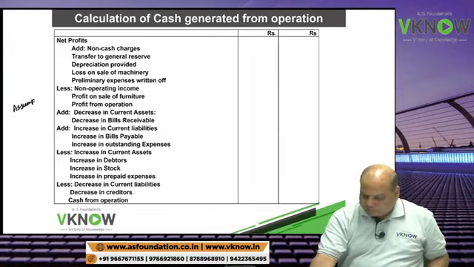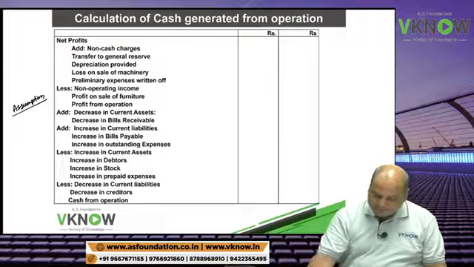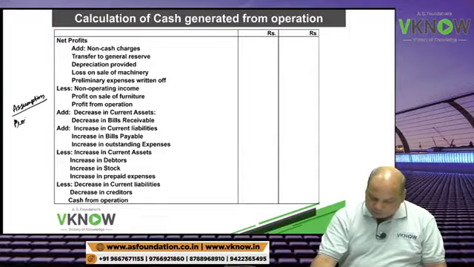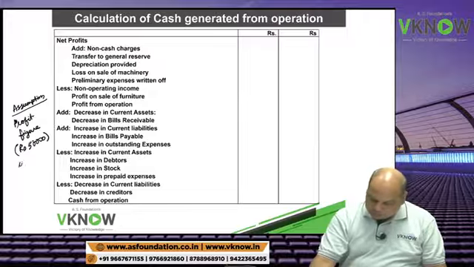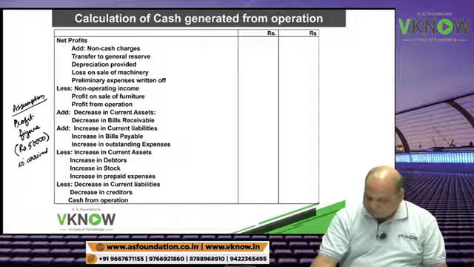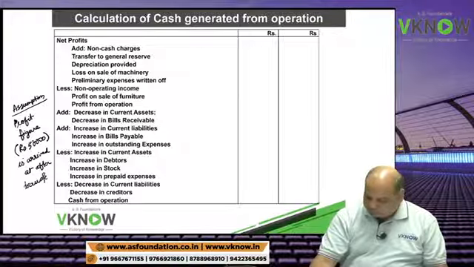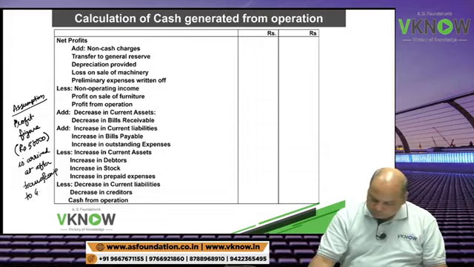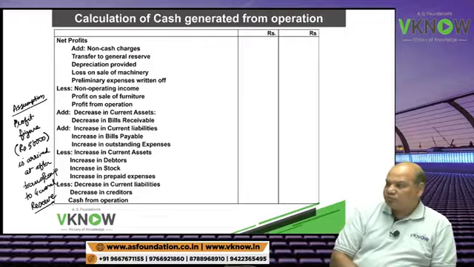Assumption, write down. In this answer, at the last you have some space, then write down the assumption. Profit figure in bracket rupees 50,000 is arrived at after transferring to general reserve.